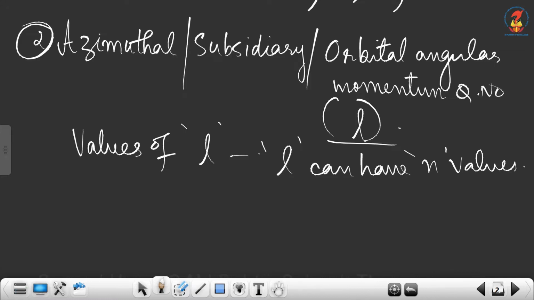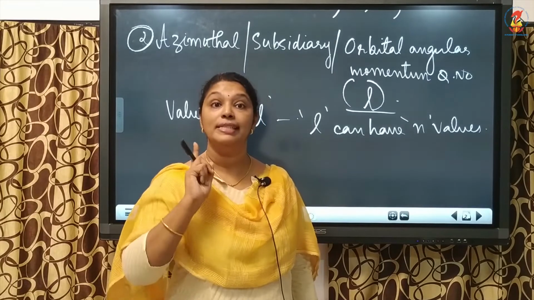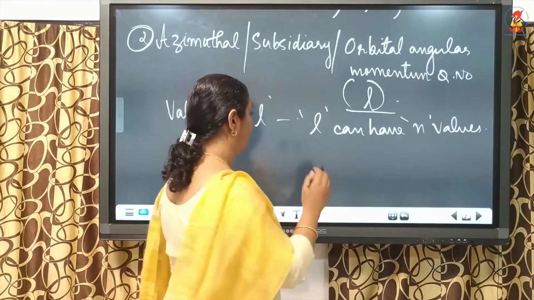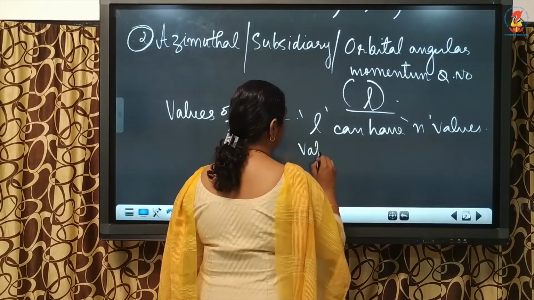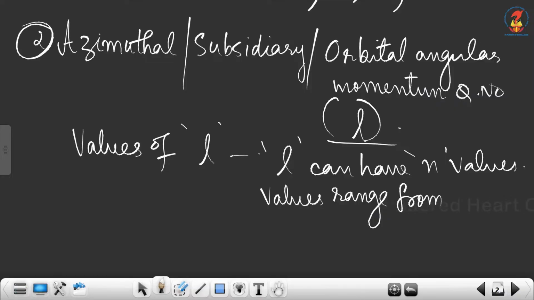So, if n is equal to 1, then l can have n values, which means how many values will l have? One value. And what are those values? Those values range from 0 to n minus 1.